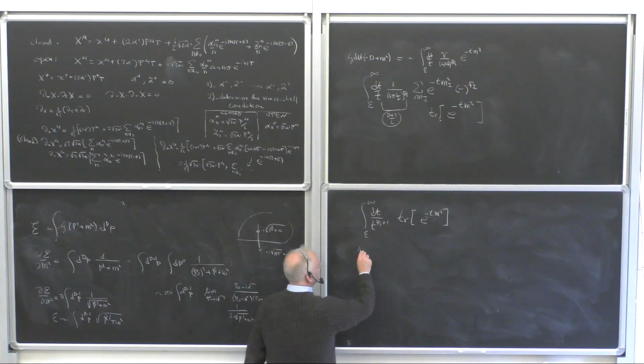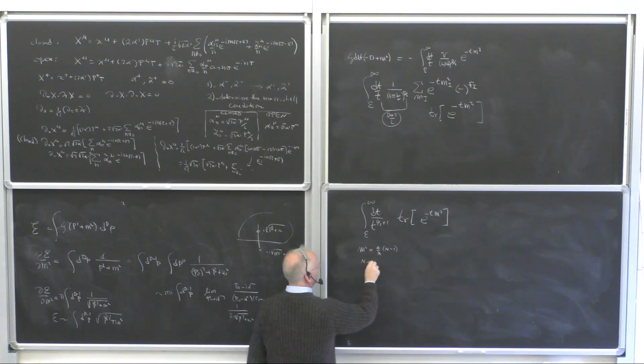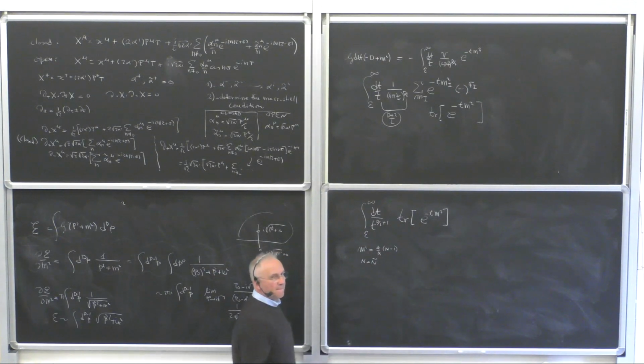Well, we know that m squared is 1 over alpha prime times 4 times n minus 1, but under the condition that n is equal to n tilde. Okay?